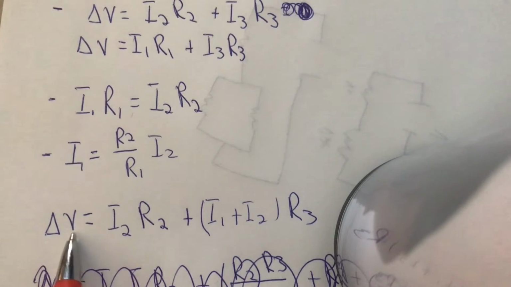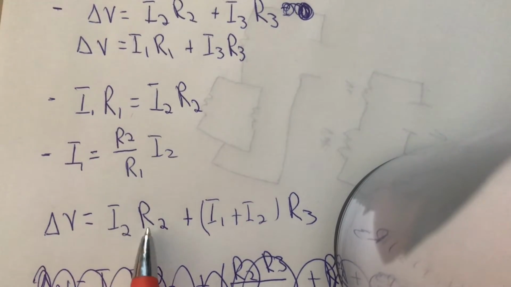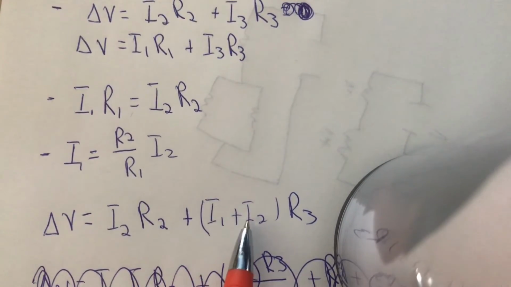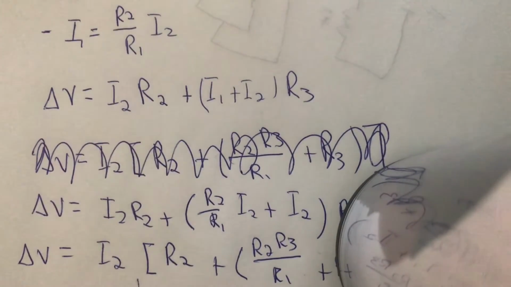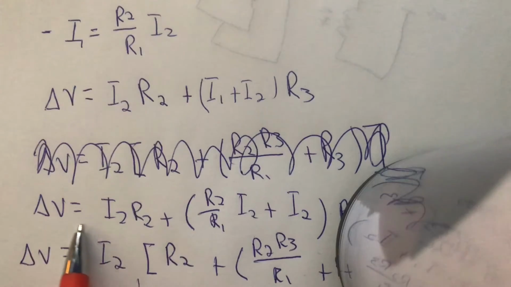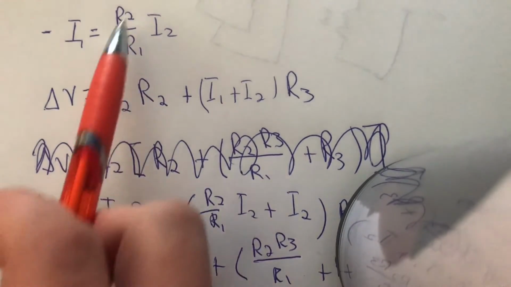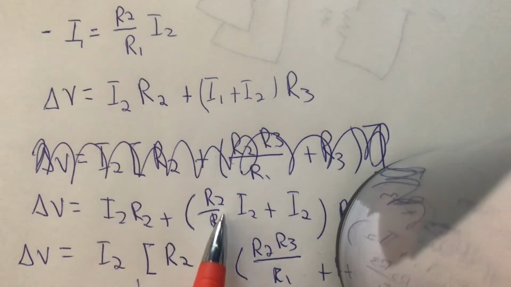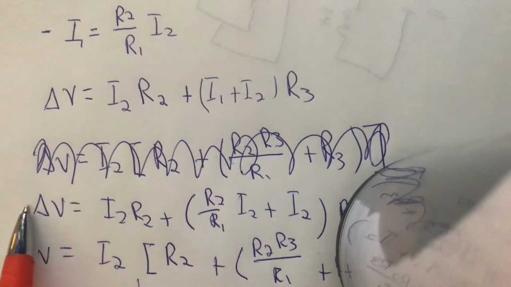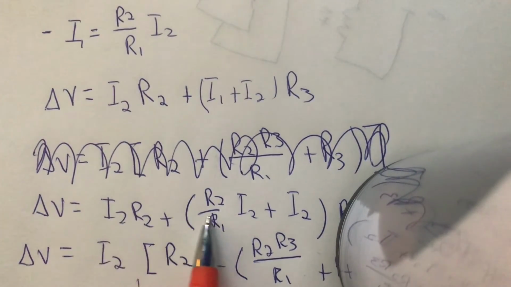So you may notice you got delta V is equal to I2 R2 plus (I1 plus I2) R3. When you plug your I1 in, you get this right here. You may notice that's where the R2, R1 comes from. So now you have everything in terms of I2.